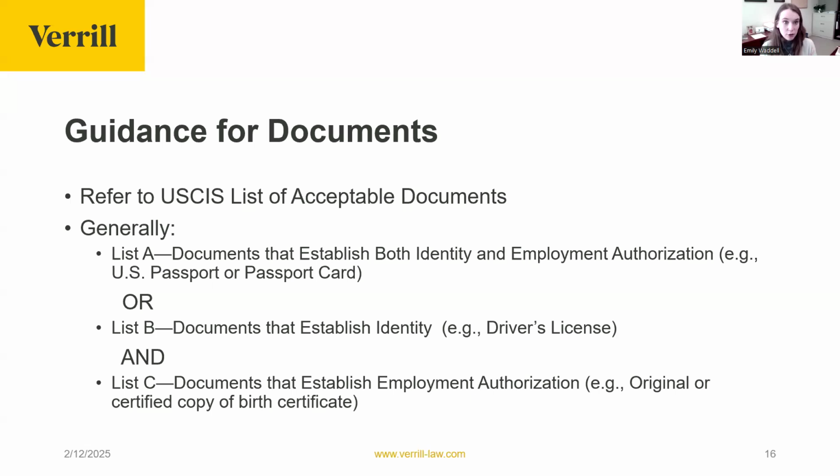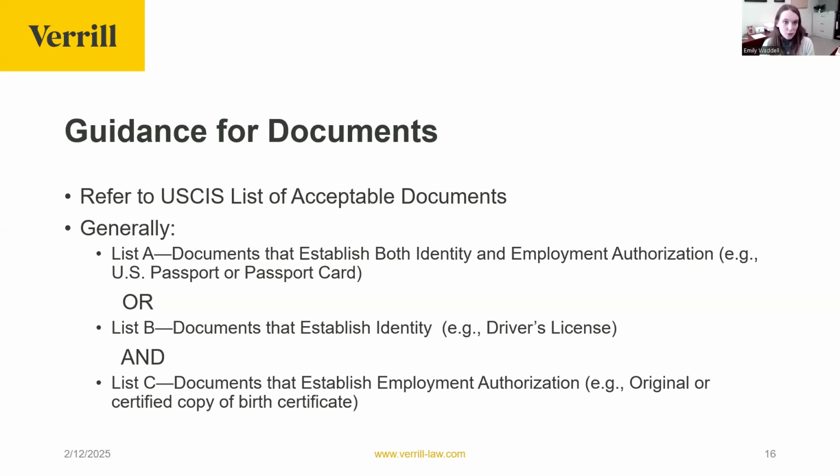Generally, what we're going to look for for all employees, without getting into specific documents, is that employees are either going to present a document from List A, which validates both identity and employment authorization, or they're going to present two documents, one from List B and one from List C. So that's important to note that you either need one from List A or one from B and one from C. Sometimes we get the question, hey, an employee came in, they brought in 5 documents and they gave me all of them, and I'm just going to write them all down.